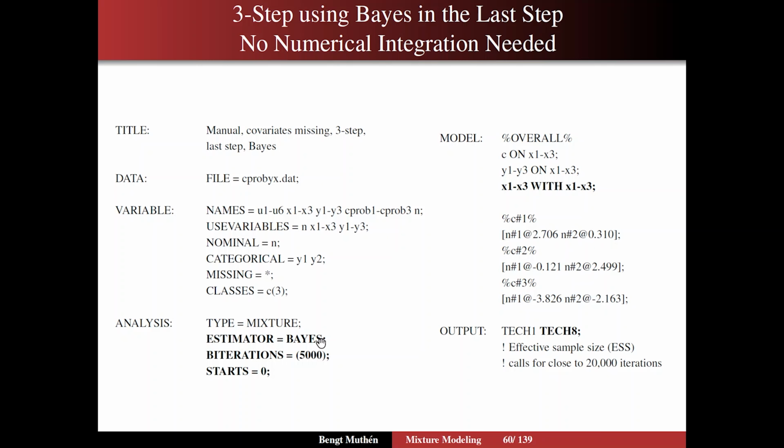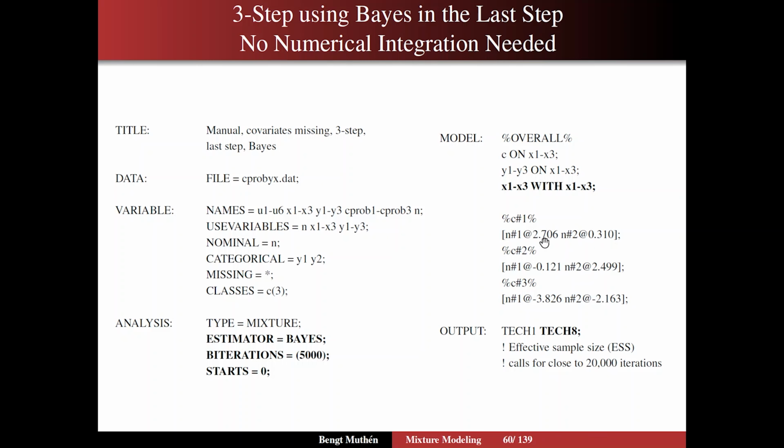And the estimator now is Bayes, and we ask for a certain number of Bayes iterations. At least 5,000 is what we're saying here. Start is 0 still because it's last step. Now turning to the model here then, it's the same as for ML with the integration. We bring in the x's using a with statement, and we have fixed the nominal N variable, most likely class variable, at the loaded values that we had before for the ML approach.